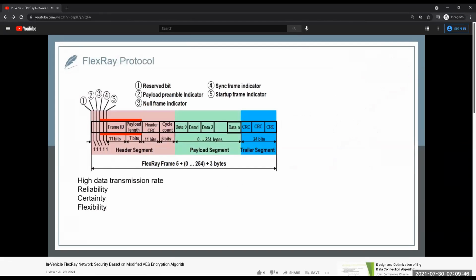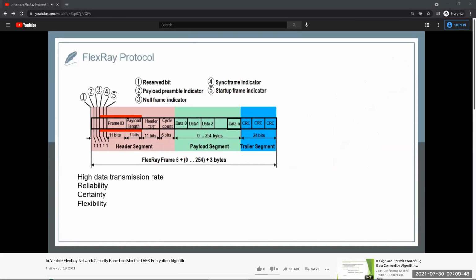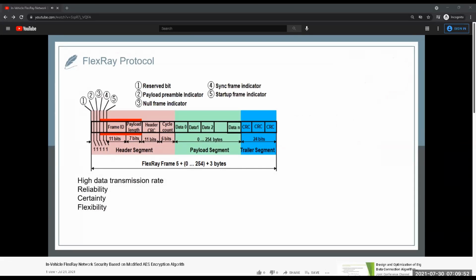The second part is the FlexRay protocol. In this picture, we can see the FlexRay data frame is divided into three parts: the header segment, the payload segment, and the trailer segment.